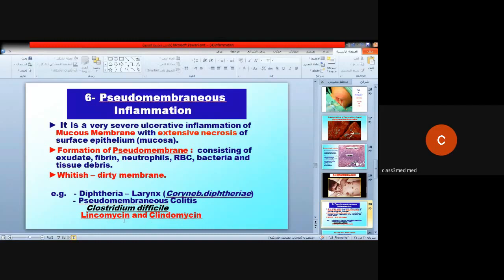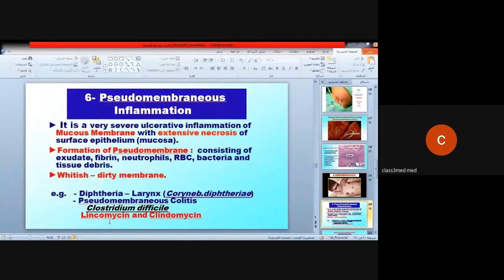In some people who take lincomycin and clindamycin, the side effect of these antibiotics is formation of pseudomembranous colitis due to overgrowth of normal bacterial flora, Clostridium difficile.